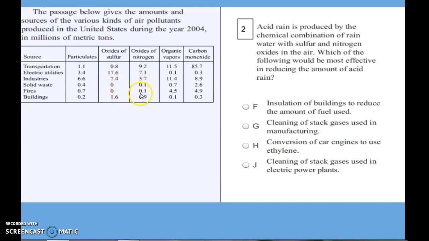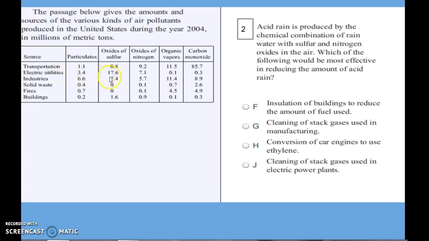these two together. If you notice, all 3 of these bottom ones are fairly small. So this would be just 0.1 total, 0.1 total. This one would be just 2.5. And transportation, that would be a 10. And industries would be a little over 12, actually 13.1.